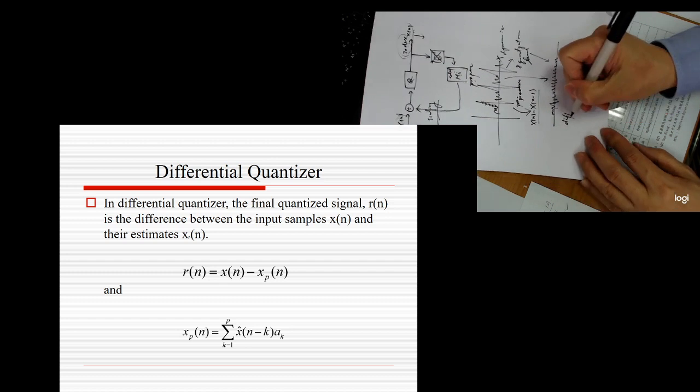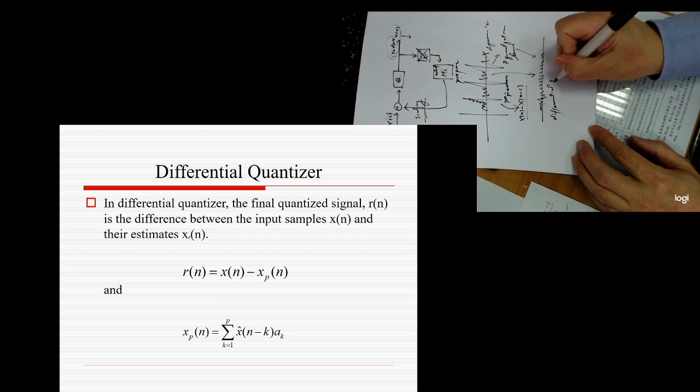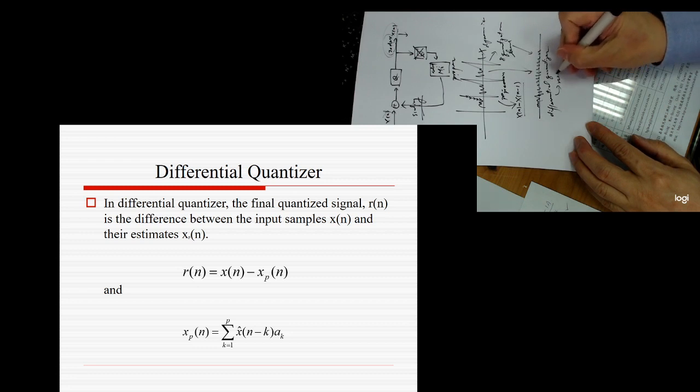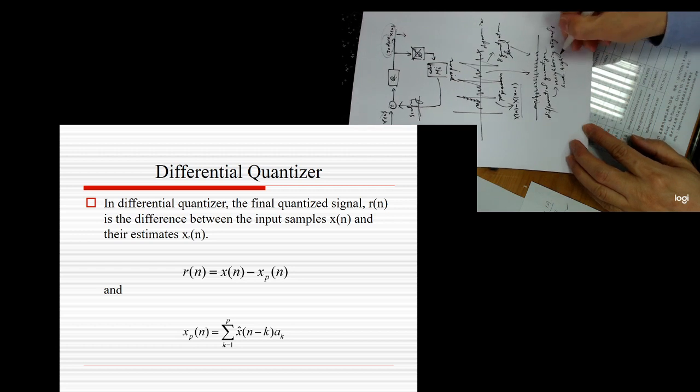If we design a differential quantizer, the main idea is that your neighboring signals have a high correlation.